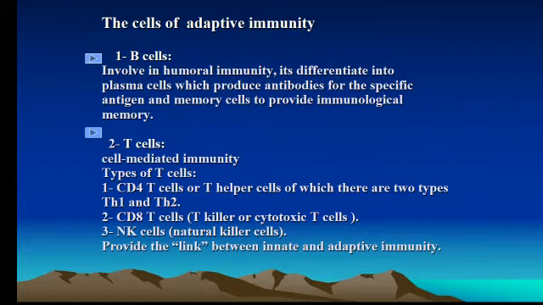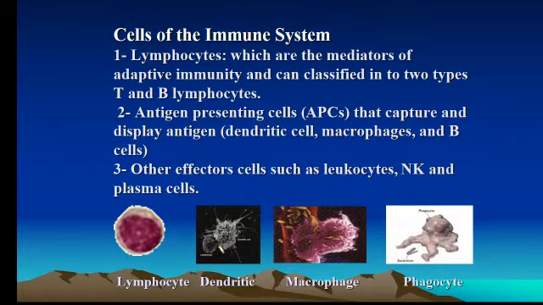Moving to the next slide, we have the cells of the immune system: phagocytes, macrophages, dendritic cells, lymphocytes, all with pictures showing the types of these cells.